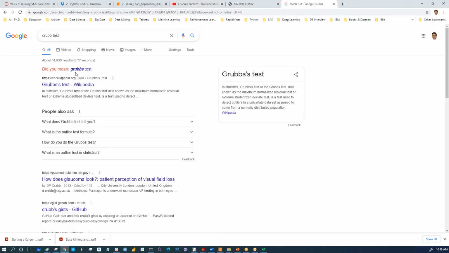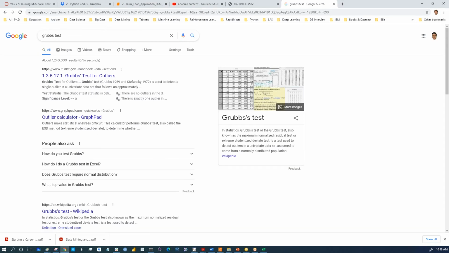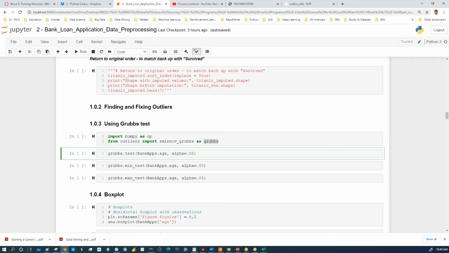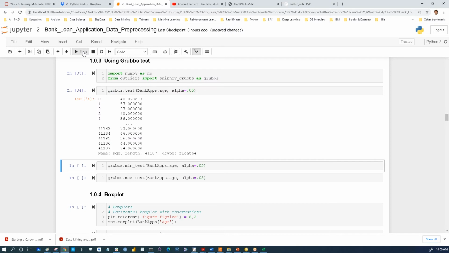Grubbs test. You need to install outliers as a package, and from this package we import the method and name it grubbs. Then you pass to it the data, in our case the age. Let's take a look. Unfortunately, this is not what I was expecting.